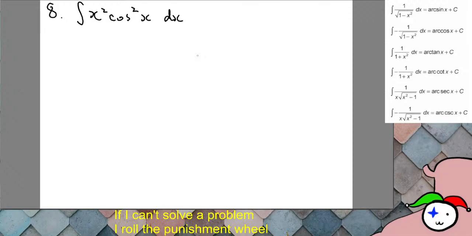I don't know. That seems to be a bit harder. What if x squared cos squared x is also x times cos x times cos x squared.